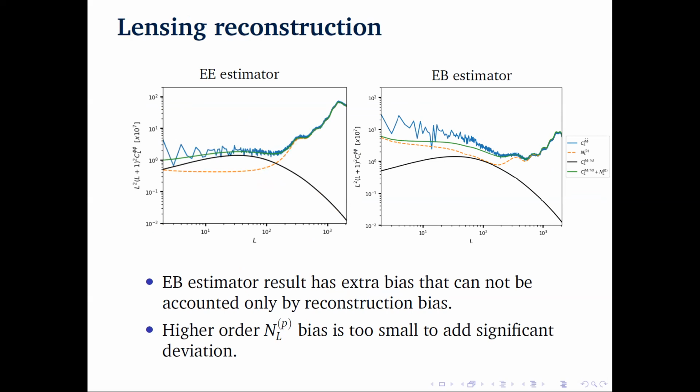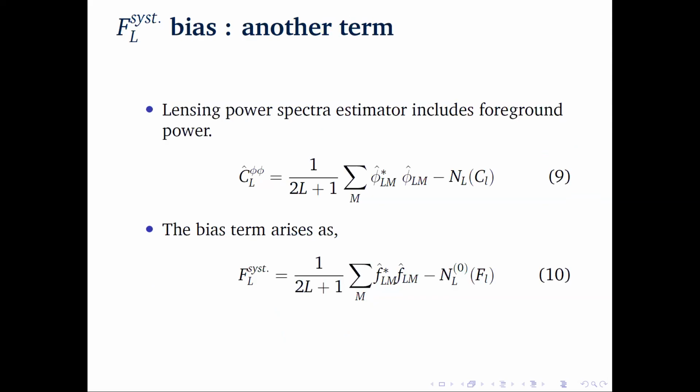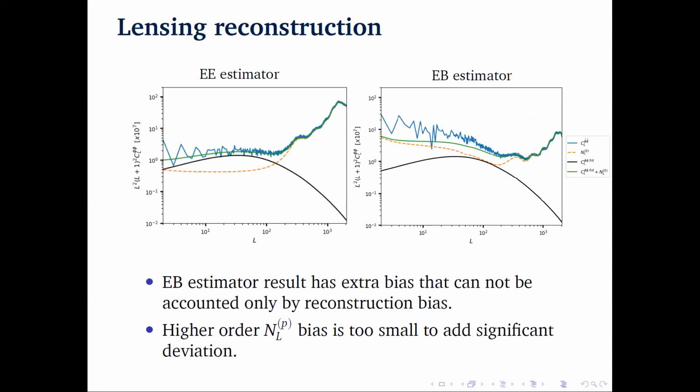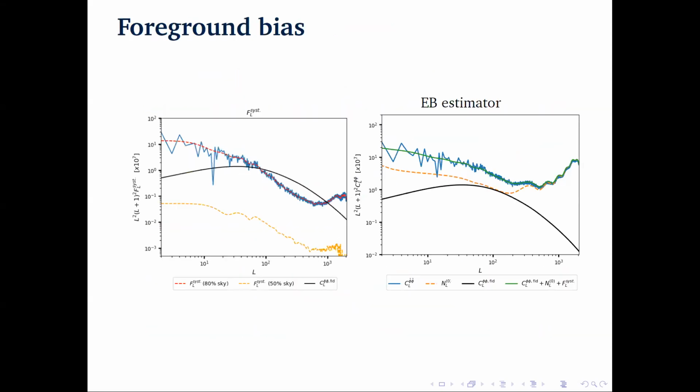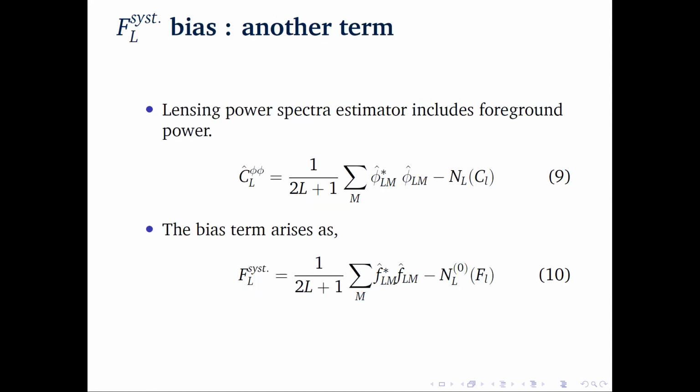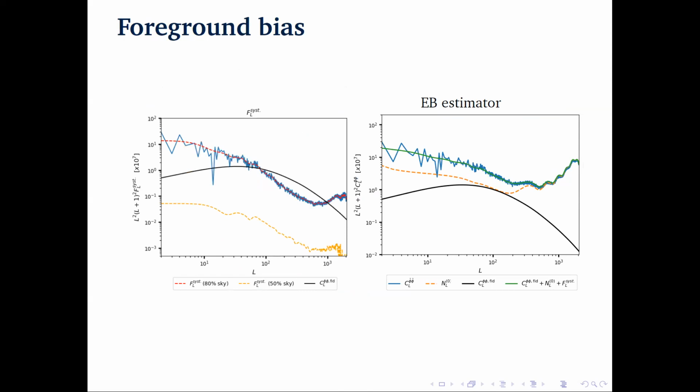This has been discussed in our previous paper as well. So we wanted to check if this F systematic is the bias causing this extra positive bias here. To test that, we calculated this F systematic for 80% of the sky, and this red line is a moving average of this F systematic bias, and we add this to the previous plot.